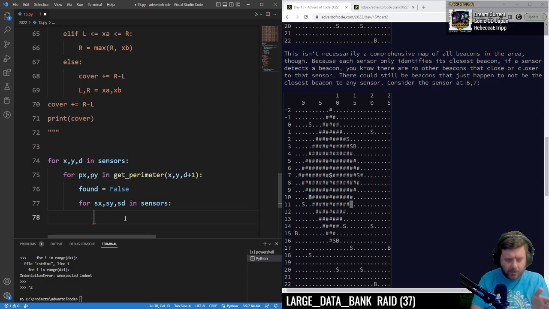So this is a location I know is out of the bounds of this sensor, but I just want to check to see if it's out of the bounds of every sensor.